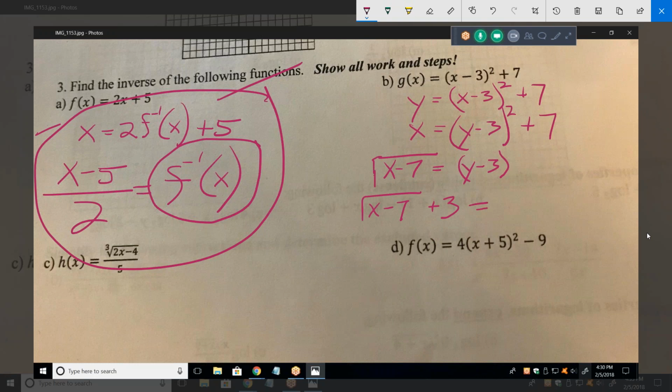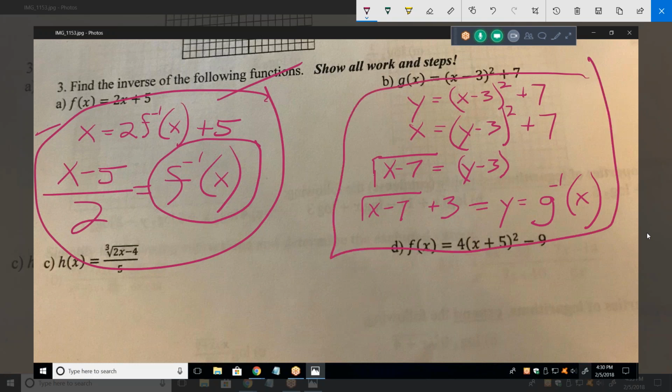And instead of y, we're going to call that g inverse of x. That is the sequence you want to go through. Those 4 steps on every one of these. If you're going to introduce y, then start out with that as your first step. And when you get to the end, that y is not the same y. This y here is the inverse. And the inverse function is g to the minus 1 of x.